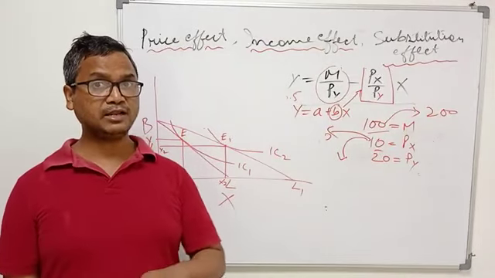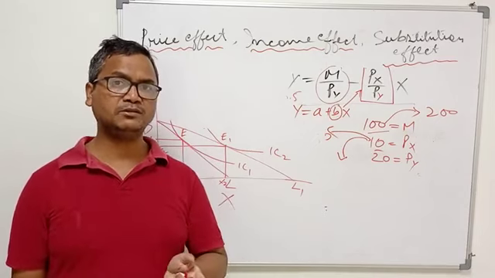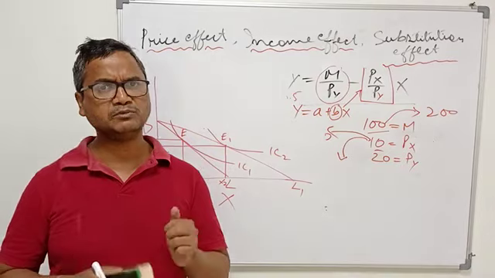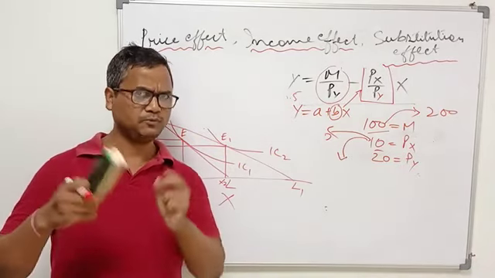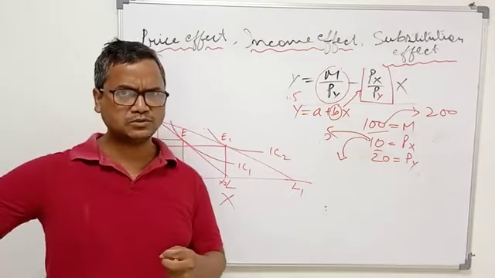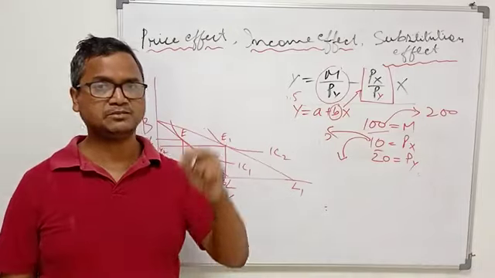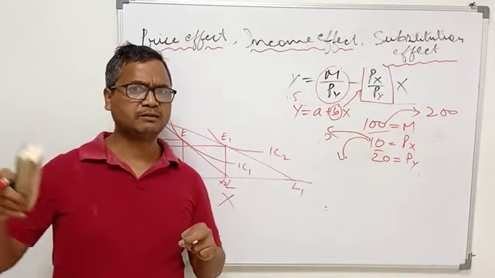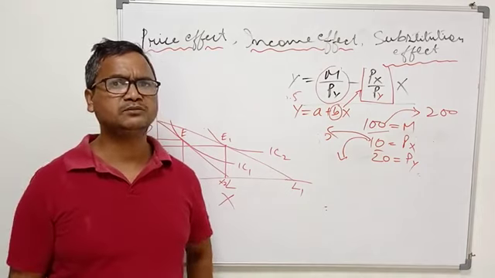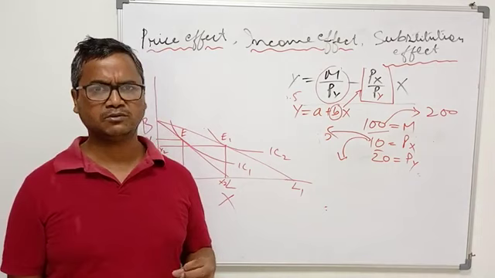Another effect is that when the price of a commodity falls, the commodity becomes cheaper in comparison to its substitute goods. Like tea and coffee: if the price of tea reduces, then coffee becomes costlier in comparison to tea, or you can say tea becomes cheaper in comparison to coffee.